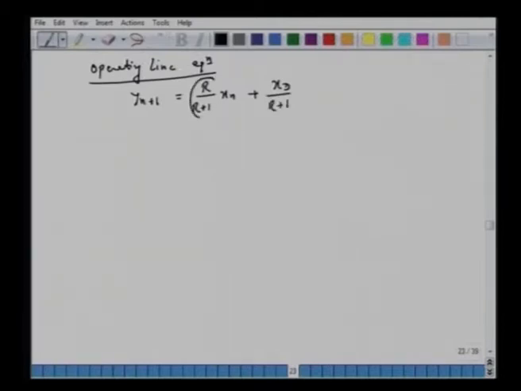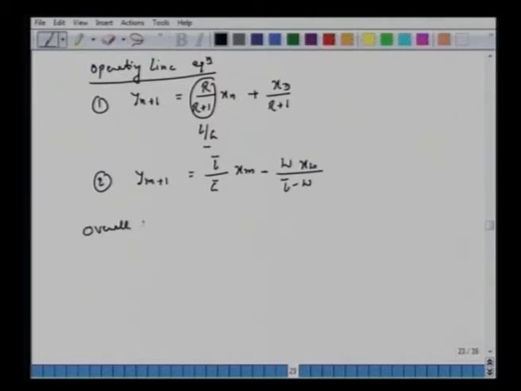So R by R plus 1 is nothing but L by G. Okay, so that's one equation. The second operating line equation we had for the stripping section, which we wrote as Ym plus 1 equals L bar over G bar Xm minus W Xw over L bar minus W. Overall we wrote F equals D plus W, and we wrote F ZF equals D XD plus W Xw.